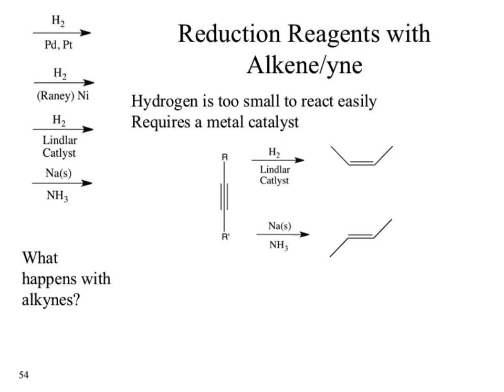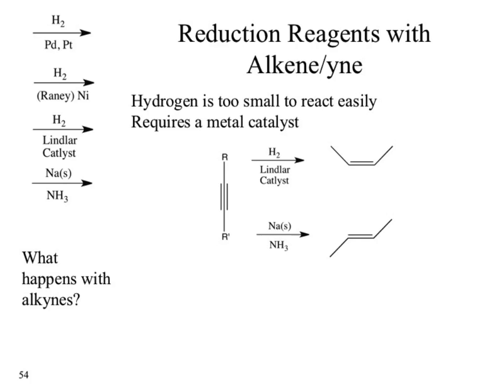Which then means what happens? Well, the alkene never coordinates, which then means the alkene is never reduced. The result of using H2 then on an alkene, or H2 and Lindlar's catalyst on an alkene is nothing. Nothing happens. But if I add an alkyne, I can reduce the alkyne down to the alkene.